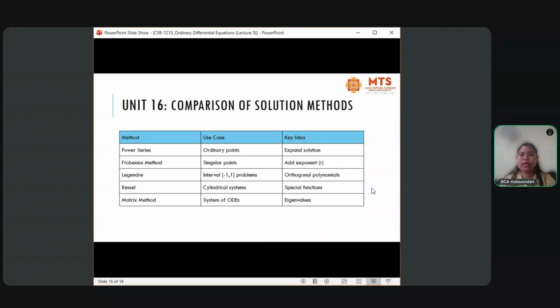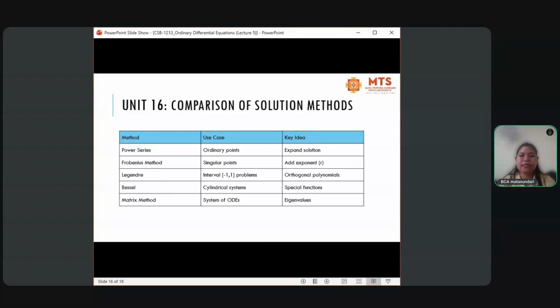Okay. Next, let's see the comparison of solution method, use case, and key ideas. So what methods have we learned? Power series, Frobenius method, Legendre, Bessel, and matrix method, right? So the use case for power series is an ordinary point, and for the Frobenius method, a singular point.